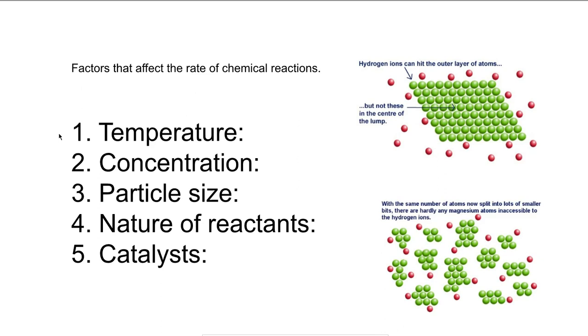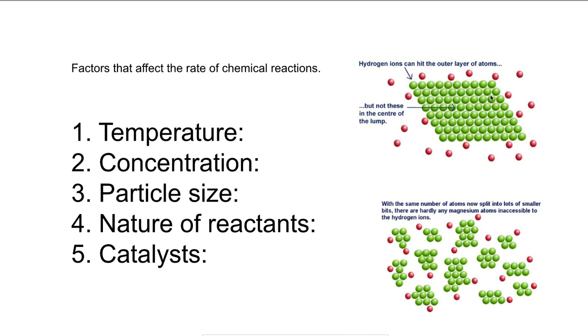Just to look at this picture here, okay, I suppose it's to do with particle size. So we have quite a large structure here in the center, the little green atoms, and they're reacting with the red atoms that are on the outside. So obviously it isn't possible for every green atom to react with a red atom. Only the green atoms that are on the outside are the ones that react. So this will be quite a slow reaction because every green atom is not reacting.